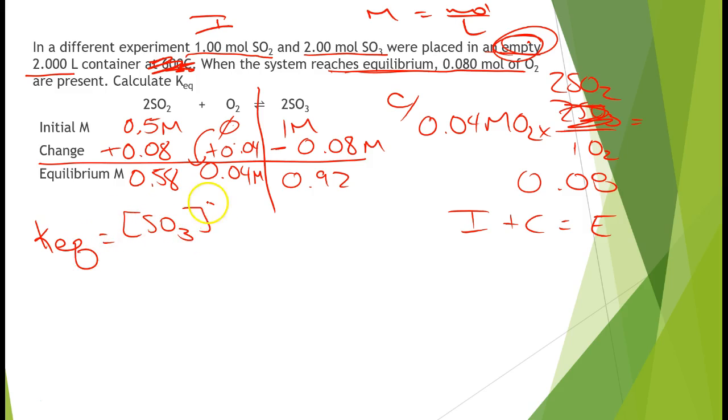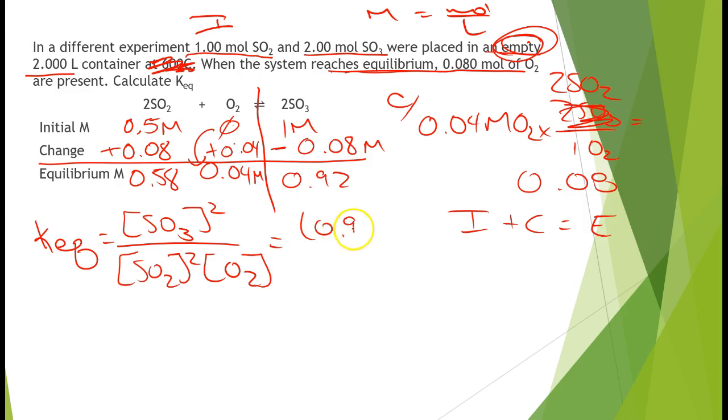SO3 is again squared because it has a coefficient of 2. SO2 is squared. And then the oxygen, products over reactants, 0.92 gets squared, 0.58 gets squared, and the 0.04 does not. Divide that all out, and you're looking for the number without units. And I got 62.9.